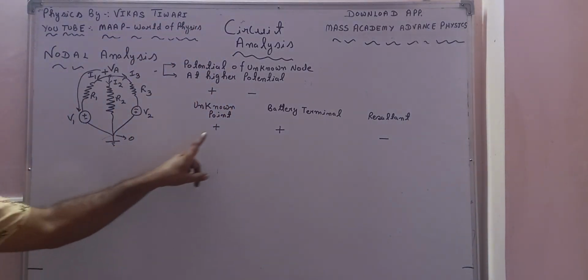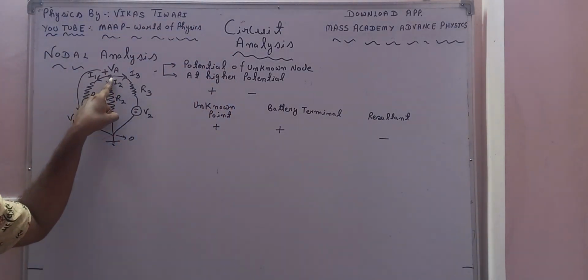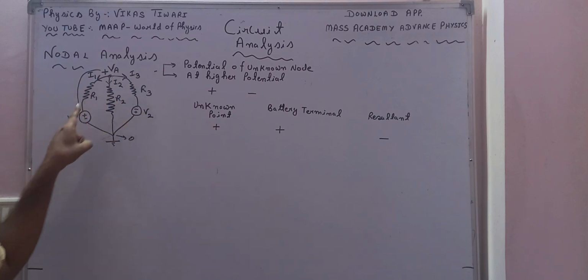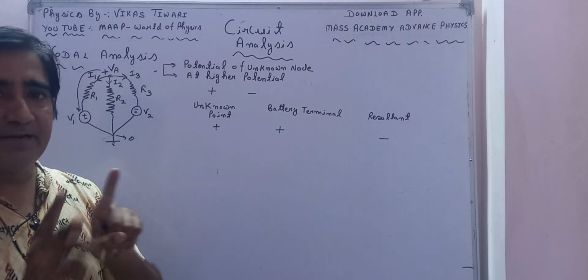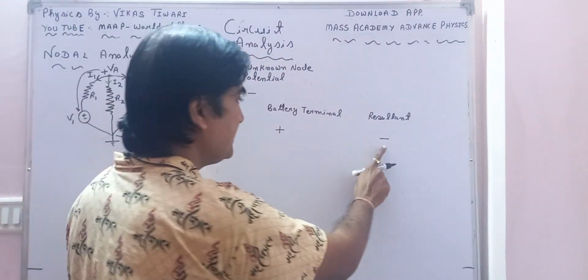So when the higher potential plus faces the plus terminal of the battery, the resultant between the two voltages is taken as negative.